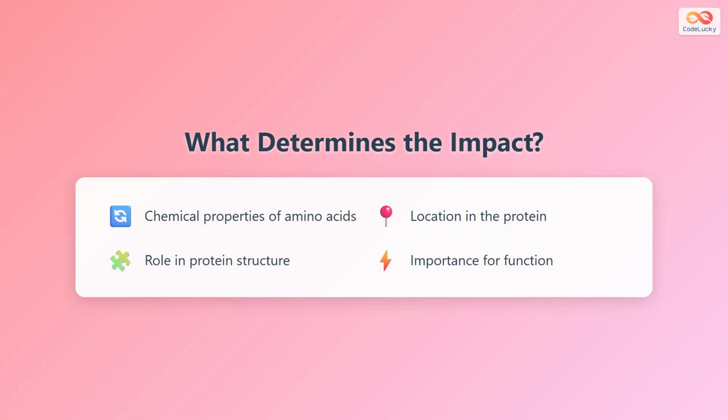Mutations in the active site of an enzyme are usually more harmful than mutations in less critical regions. Third, the role in protein structure matters. Some amino acids are critical for maintaining the protein's 3-dimensional shape. Finally, the importance for function determines the severity. If the mutation affects a region essential for the protein's job, the consequences will be more serious.